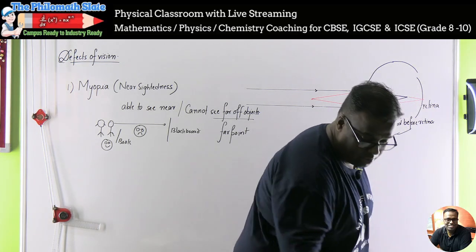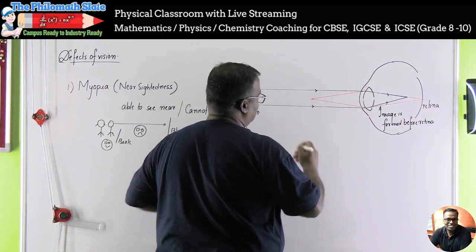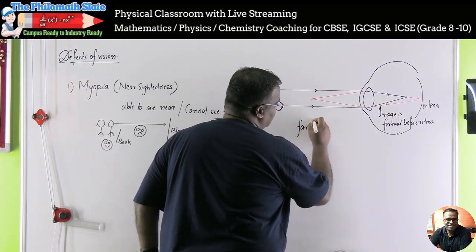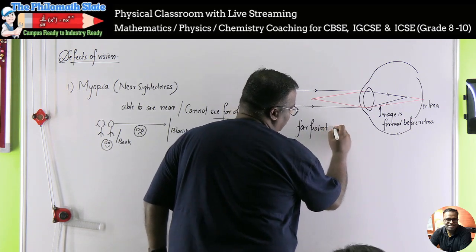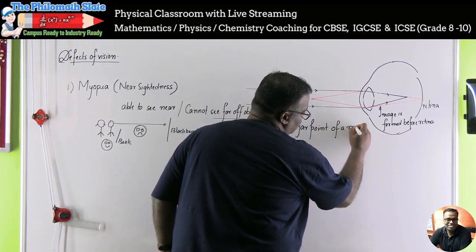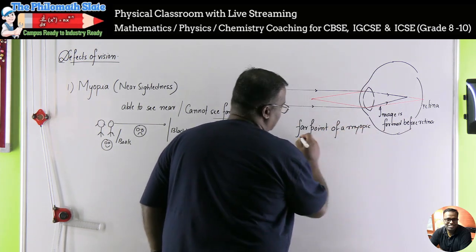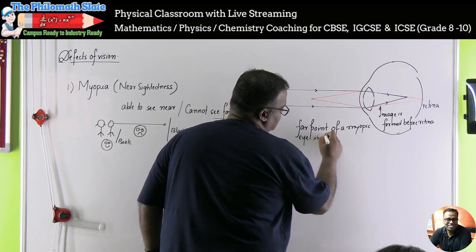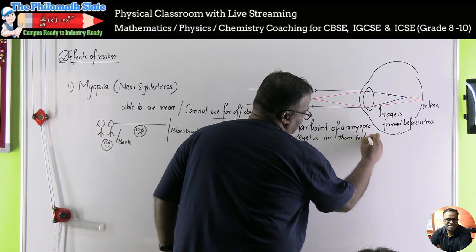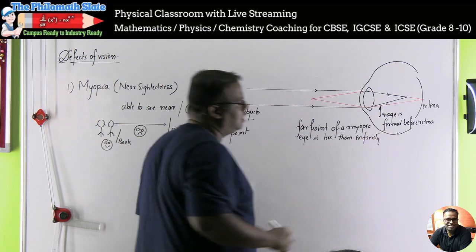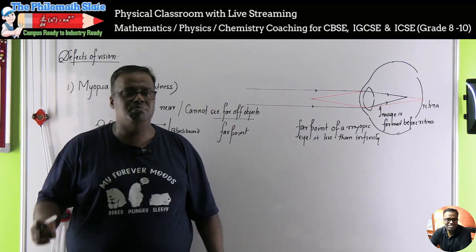So here we will write far point. I want you to understand this line, whether you have understood or not. Far point of a myopic eye is less than infinity. If it is getting difficult for you to understand, then just understand it in a very simple language.